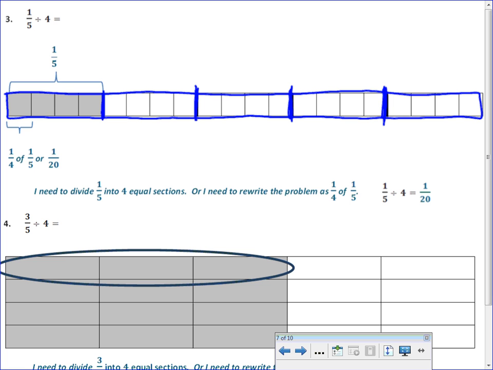Okay? And then the gray area shaded in 1/5, down on the left. Now, we have to divide it by 4. So each fifth is divided by 4. So we could use a different color and divide it into 4 sections.